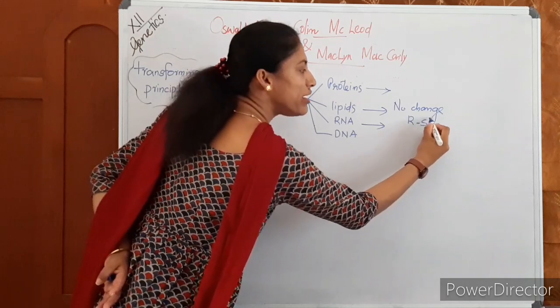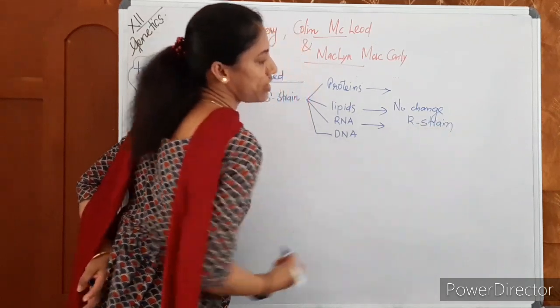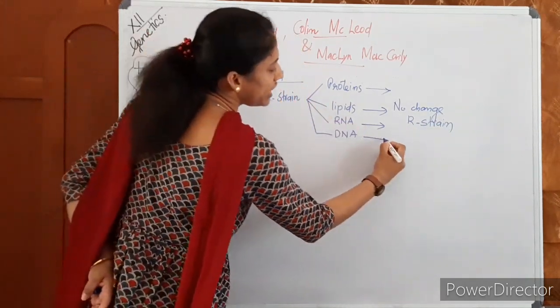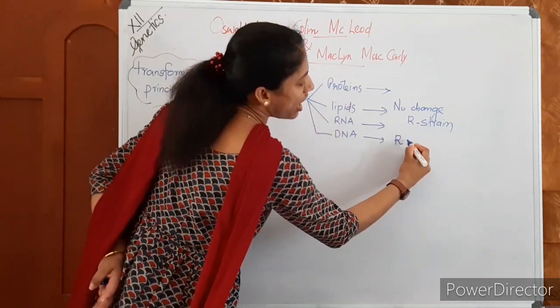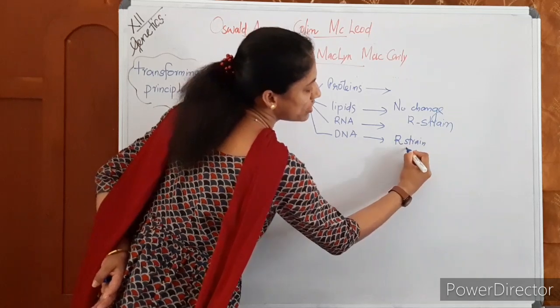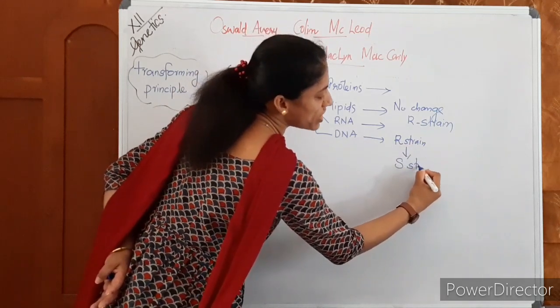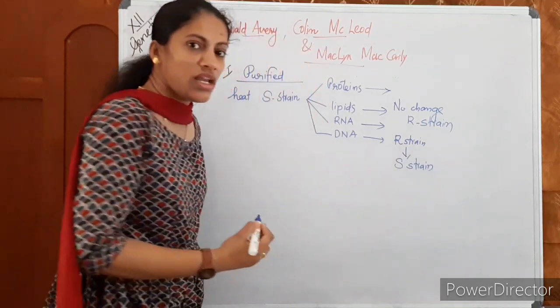R strain remained as R strain, no conversion. But when DNA from this S strain was injected to R strain, it became what? S strain. Transformation happened. Is it clear?